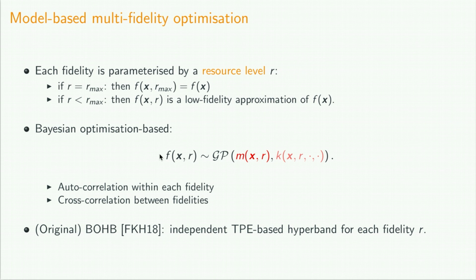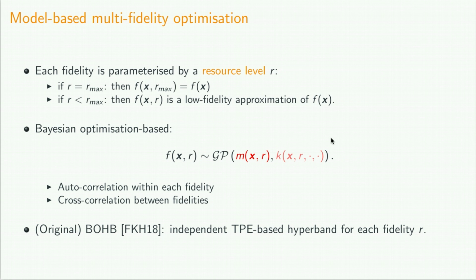So we now have a function that takes as inputs hyperparameters and the resource level. And the Gaussian process is defined over x and the resource level, the hyperparameters and the resource levels, like an extension of the kernel function. This means that we capture autocorrelations within each fidelity. For some level of resources, we have a Gaussian process over function space there.